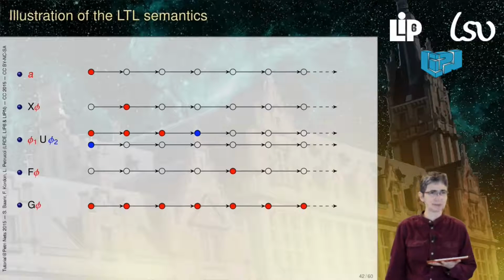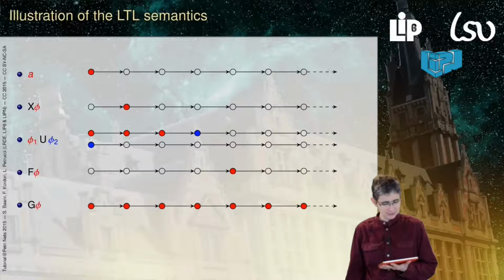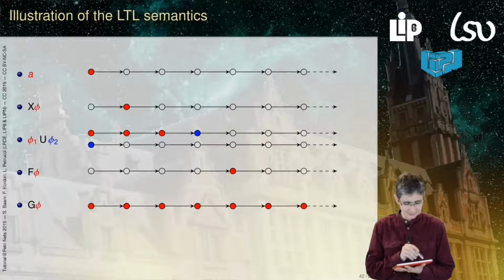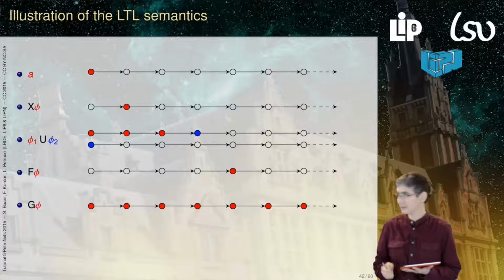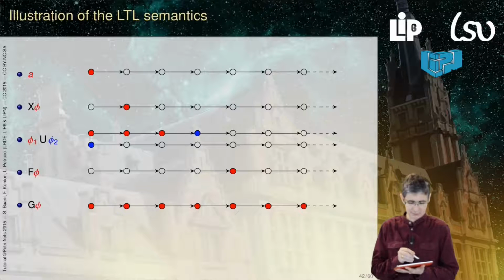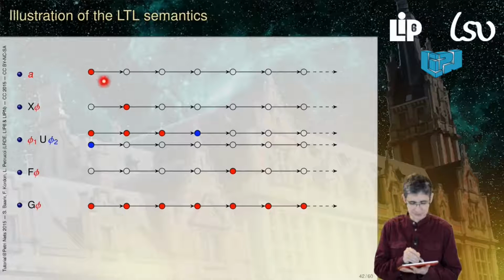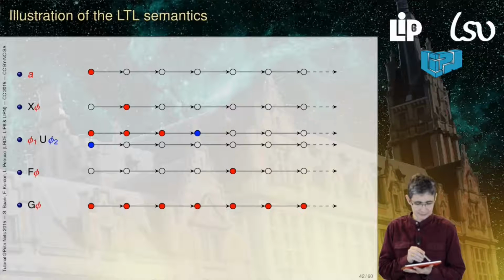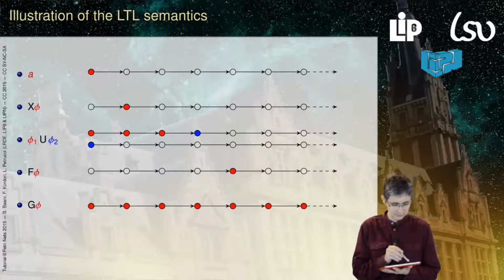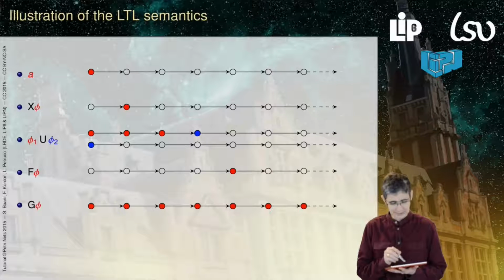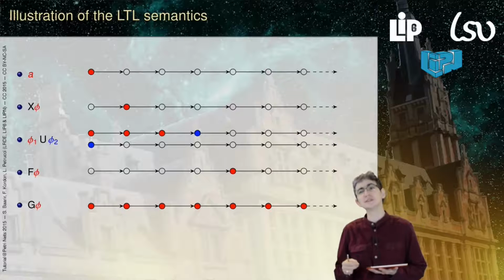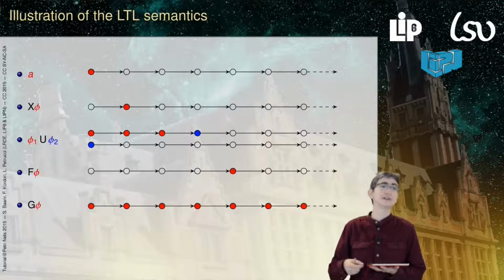Now let's depict it with some sequences. That is maybe easier to understand. As concerns atomic proposition A, you just have to see that the first element in the sequence satisfies A. You can see in these pictures the formulas that have colors, red or blue, and on the path the red dots or blue dots just mean that this state satisfies the red or the blue formula.